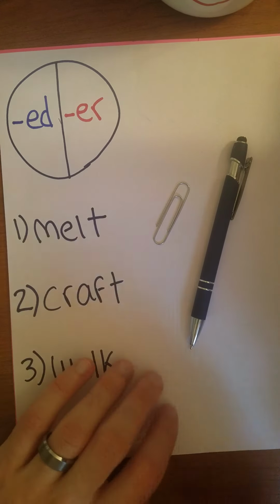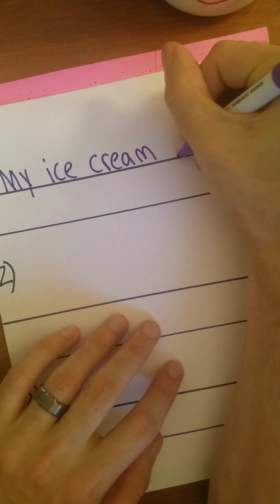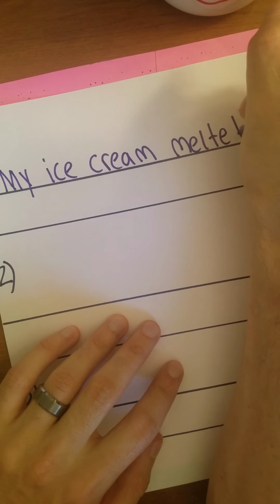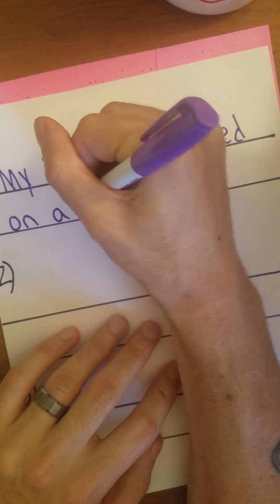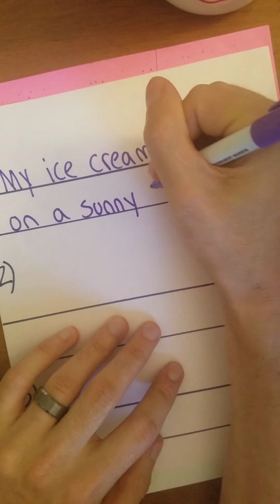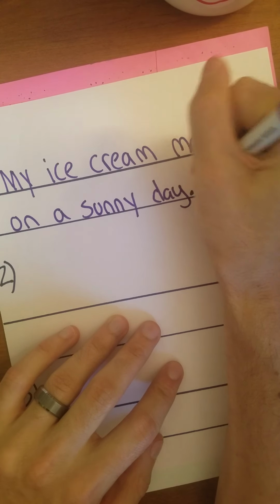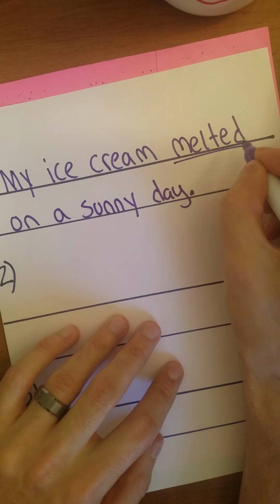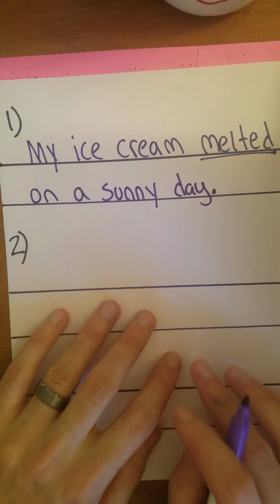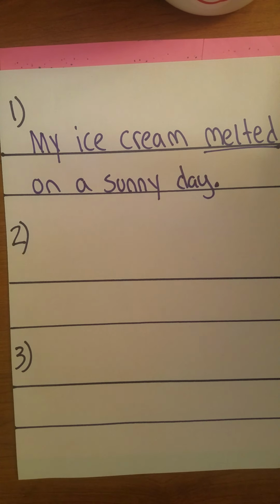I'll say, my ice cream melted on a sunny day. I melted. It already happened. My ice cream melted. So we changed it from melt to melted, making it a past tense verb.